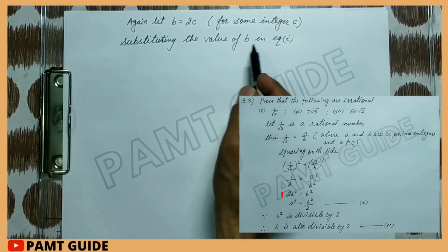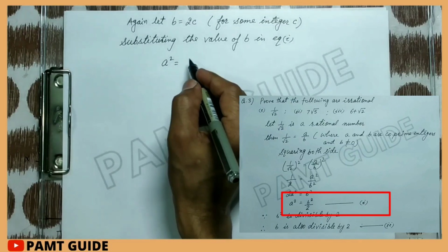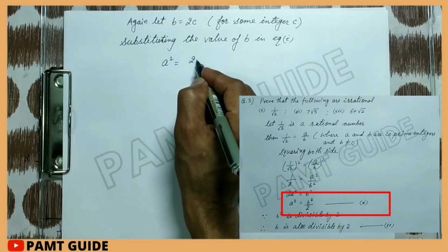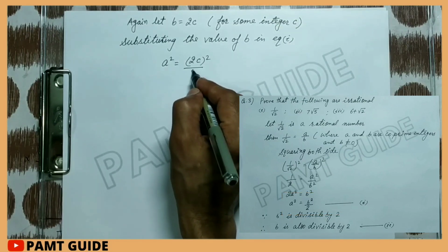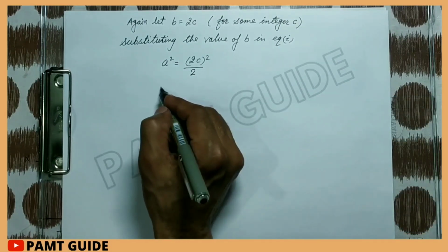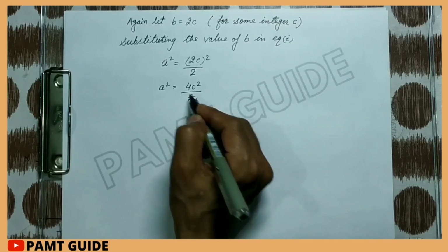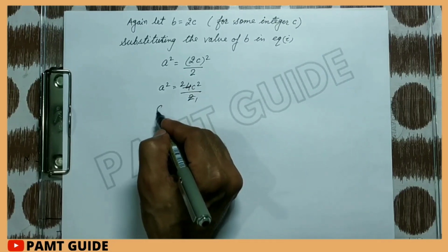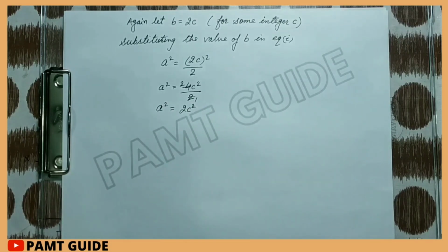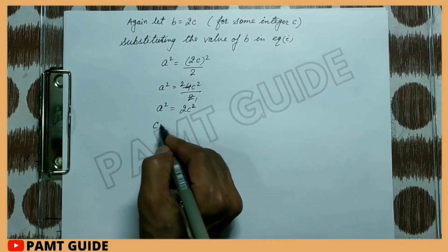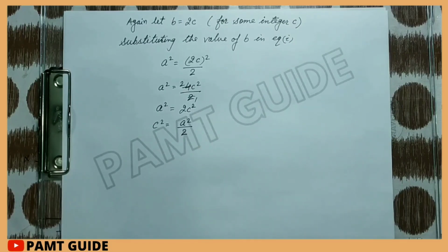Substituting the value of b in equation 1, we shall get a square equal to 2c square upon 2. Then it will become a square equal to 4c square upon 2. 2 ones are 2, 2 twos are 4, and we shall get a square equal to 2c square. So c square equal to a square by 2.